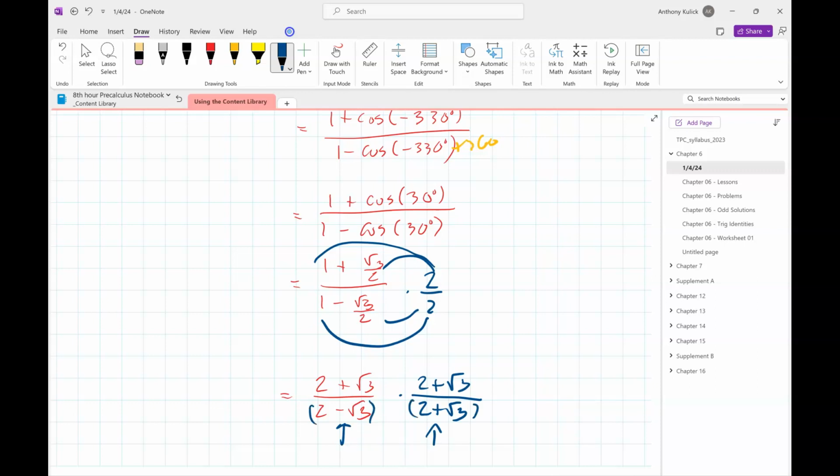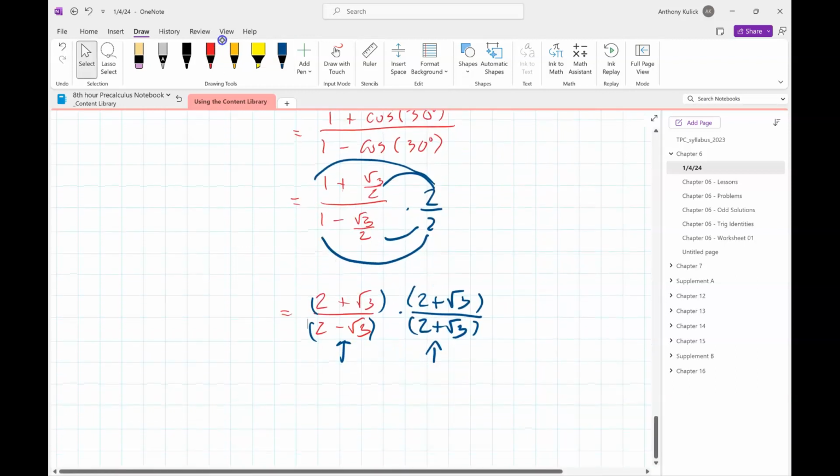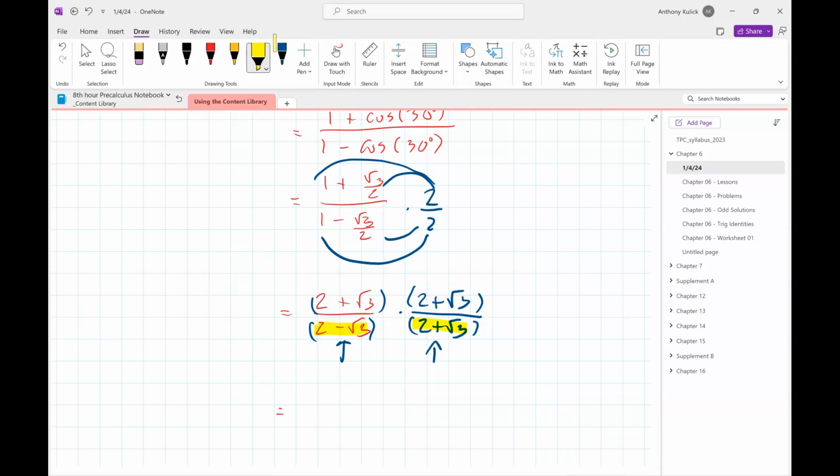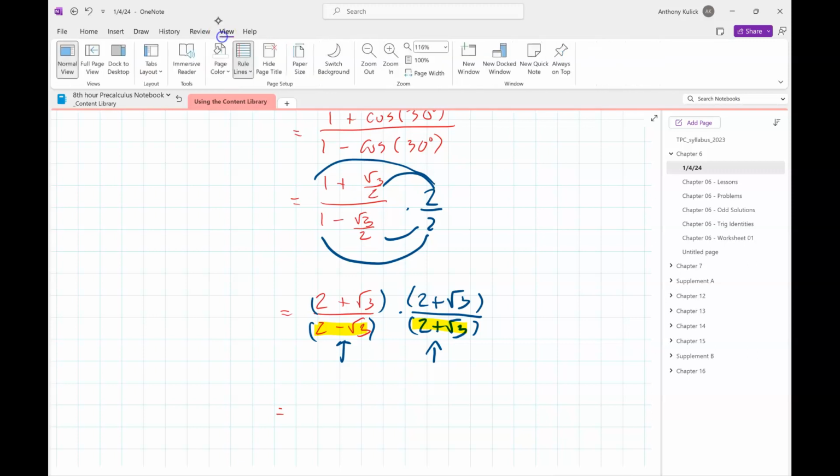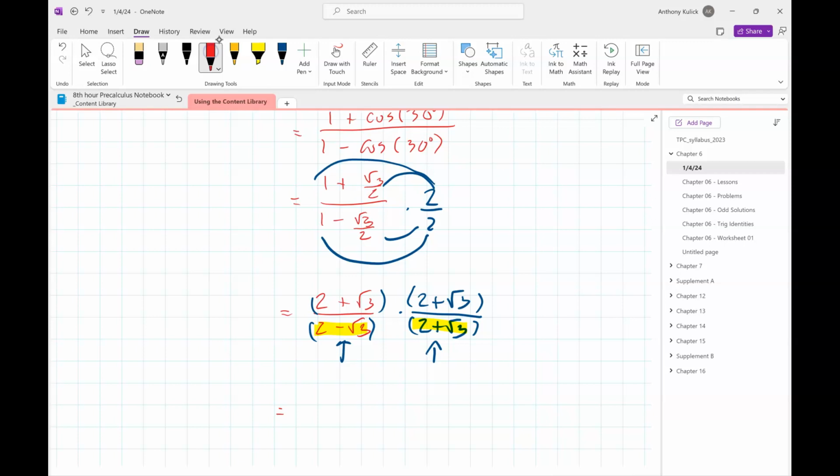Now, when we do this, we have to make sure we're foiling, which stinks, but the denominator, if I look at this, that looks like a difference of 2 squares to me, right? A minus b times a plus b. So I know when I FOIL that out, I'm just going to get a squared minus b squared.